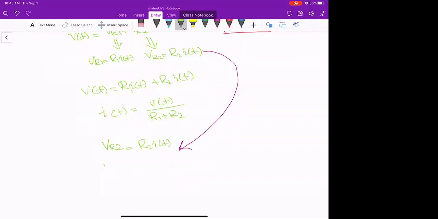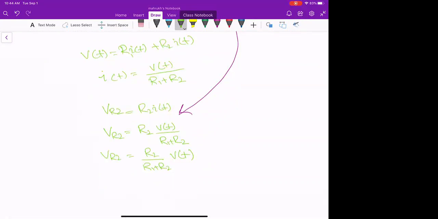So if I plug I of t here, VR2 will become, so what we have defined here is how we will find VR2, how much VR2 we are getting, or how we will design it: if I have 10 volts of input, how much output voltage am I getting.